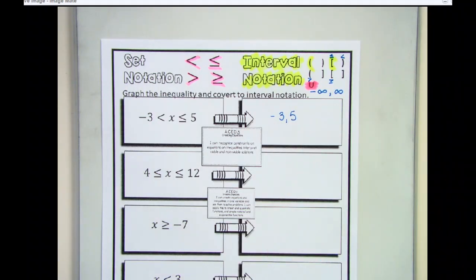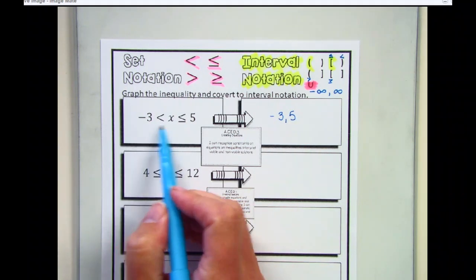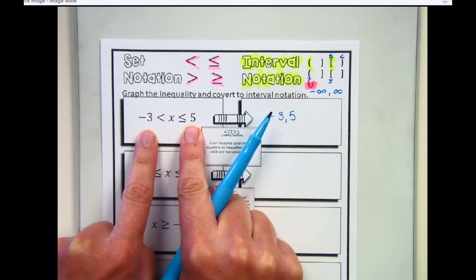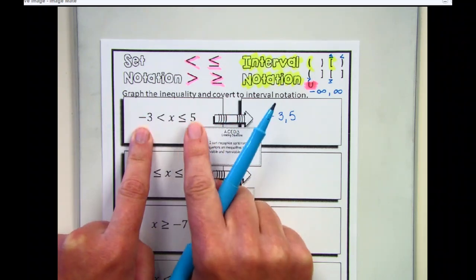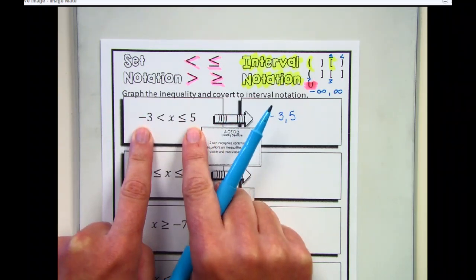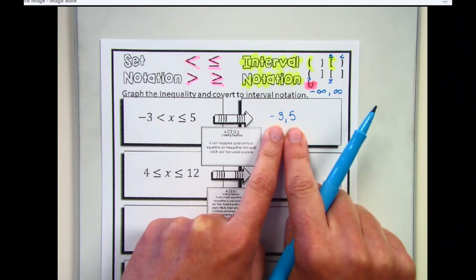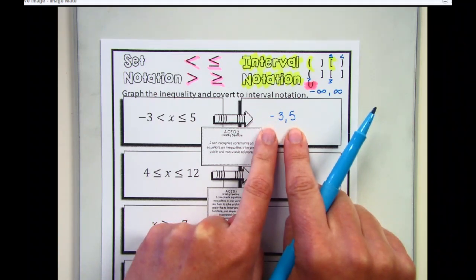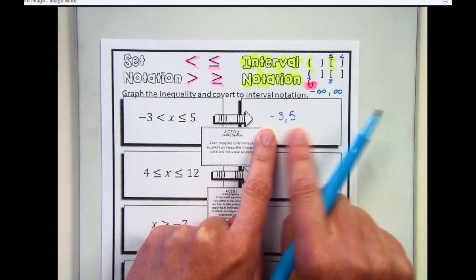And we have talked about frequently that when we do set notation, these numbers need to be ordered like the number line. -3 counts before 5. Okay? Interval notation, same thing. You always have to have the smaller number on the left, bigger number on the right.